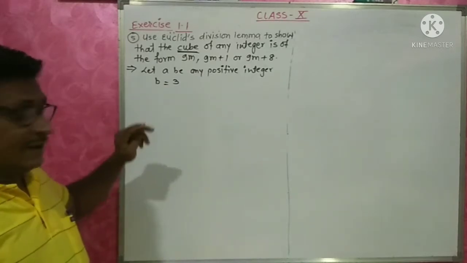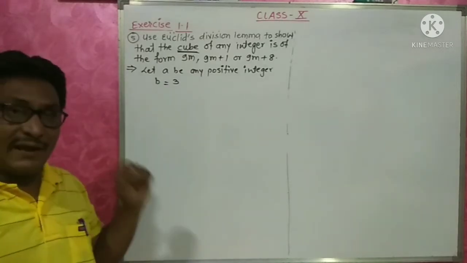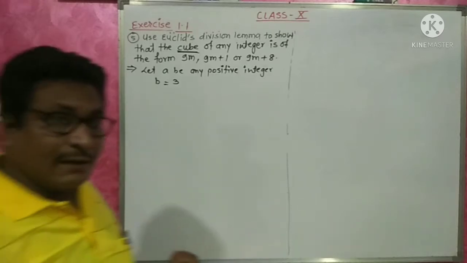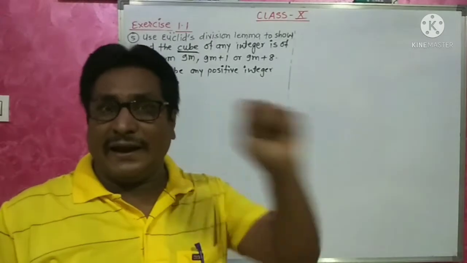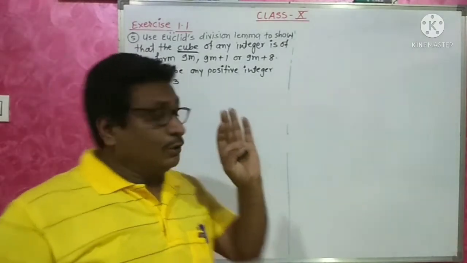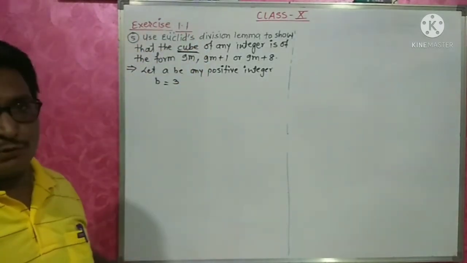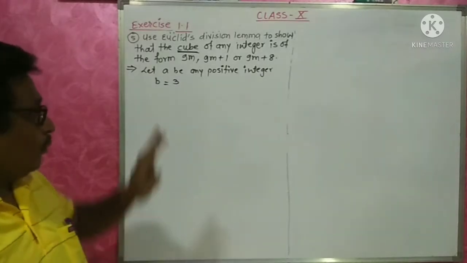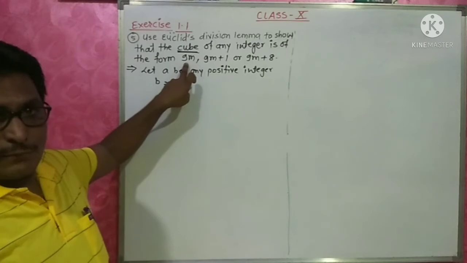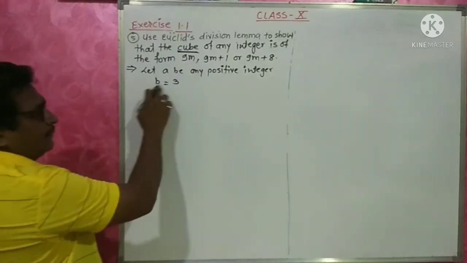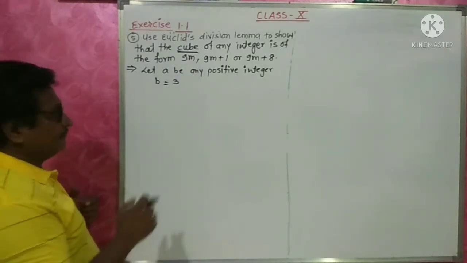But what will happen if we take the value of b as 9? The remainders will come 0, 1, 2, 3, 4, 5, 6, 7, 8. Understood? So that many cases we would have to solve. To avoid that, we take 3, a divisor whose multiple is 9.